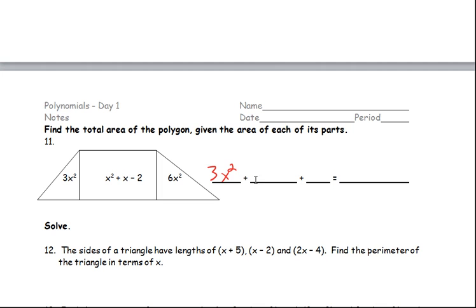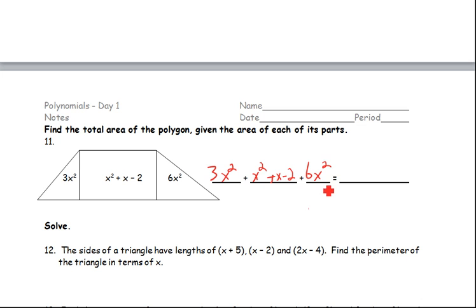Yeah, I think they do. So I'm sorry for that. Let me get back to my pens here. And then I have x squared plus x minus 2. And then I have 6x squared.